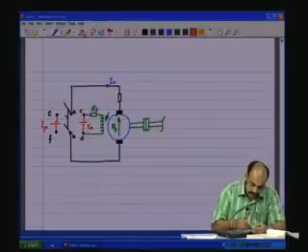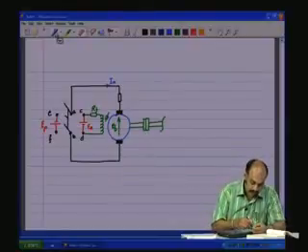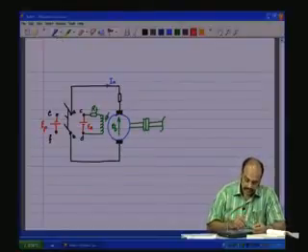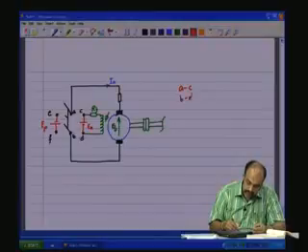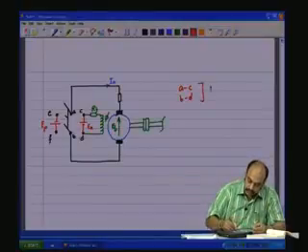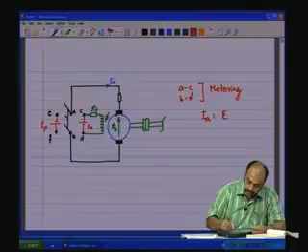No, EB is for the back EMF, EP is for plugging. So, now when A and C are connected, B and D are connected, then it is motoring. Under such conditions, IA is equal to EA minus EB by RA.